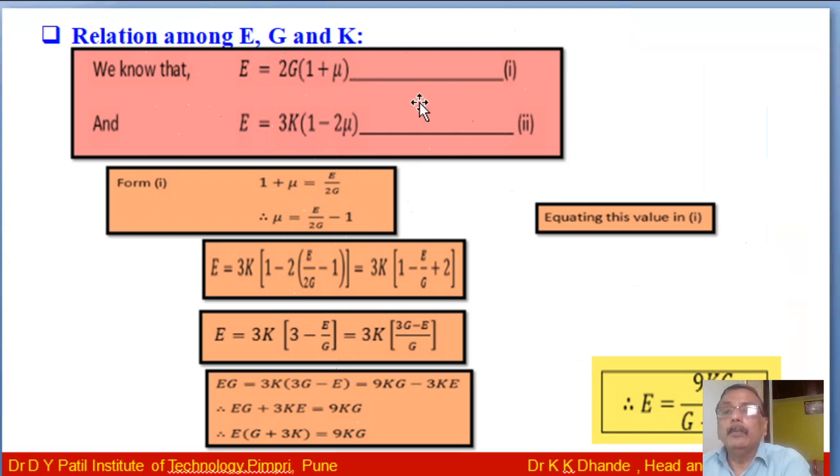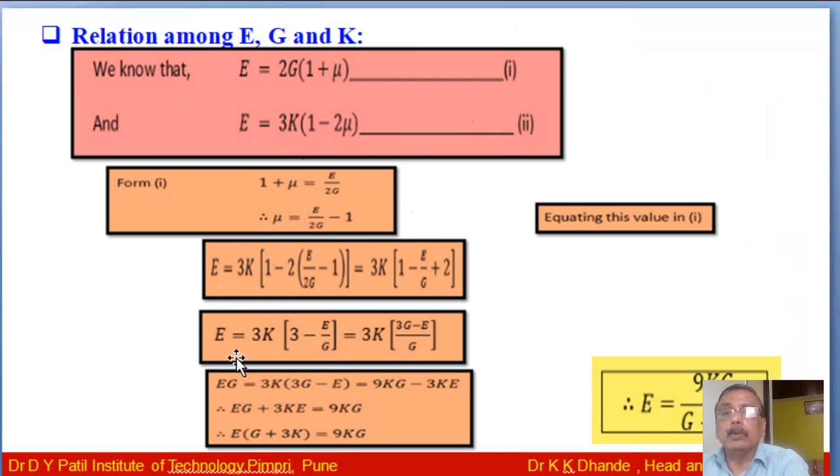Now put this value in equation number 2. E is equal to thrice K times bracket 1 minus 2 mu. Instead of mu, we put E upon 2G minus 1. So E is equal to thrice K times bracket 1 minus 2 times E upon 2G minus 1, bracket complete. Solving the brackets gives thrice K times 1 plus 1 minus E upon G.